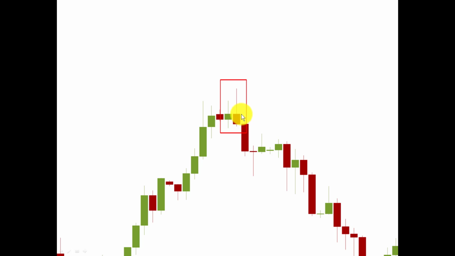Now if the second candle, the engulfing candle, is larger than the previous green candle, then it has more assertiveness that the bears are now in control. The pattern is also more reliable when it follows a clean move higher.